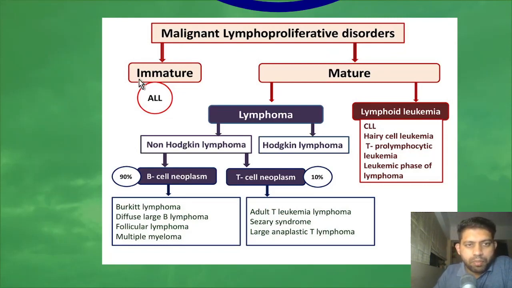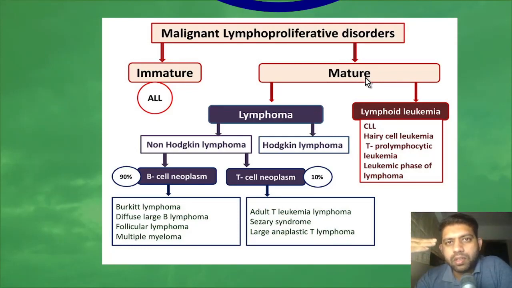This is probably the most common hematopoietic neoplasm in children, acute lymphoblastic leukemia, lymphoma. And as the cells progress, differentiate and mature, they can cause lymphoid leukemias or lymphomas.